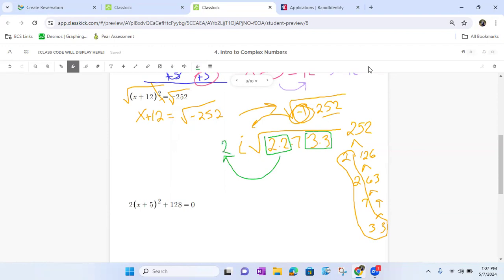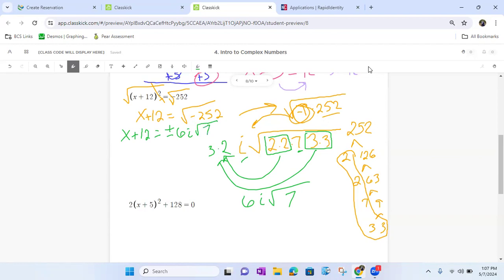So the 2 goes here, 3 goes out here, and we clean everything up. 3 times 2 is 6 with an i, and whatever is left in the radical, in this case just a 7, stays in the radical. So 6i times the square root of 7. So I'm going to write x plus 12 equals plus or minus 6i times the square root of 7.